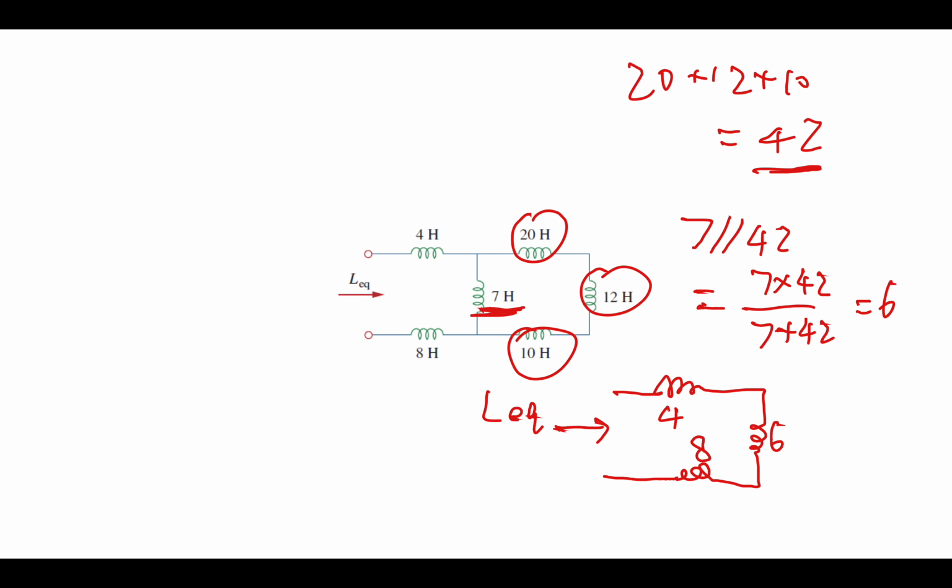So these three inductors are in series. So LEQ equals 4 plus 6 plus 8 equals 18 Henry.